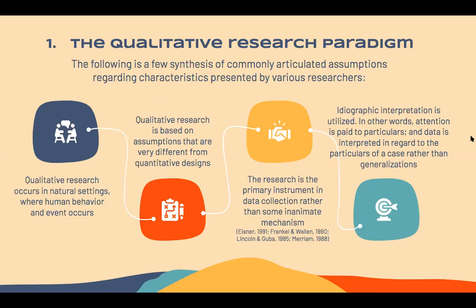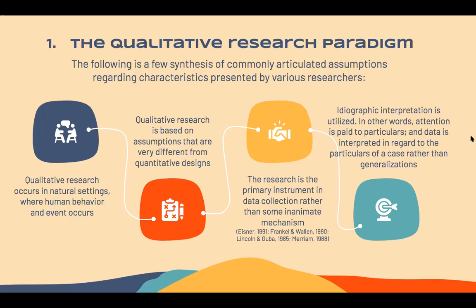So the first one is the qualitative research paradigm. The following are a few sentences of commonly articulated assumptions regarding characteristics presented by various researchers. The first one: qualitative research occurs in natural settings where human behavior and events occur. The second one: qualitative research is based on assumptions that are very different from quantitative designs.